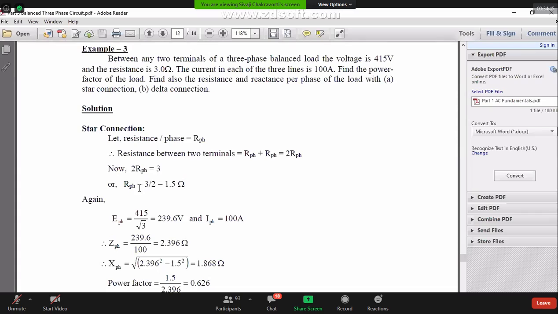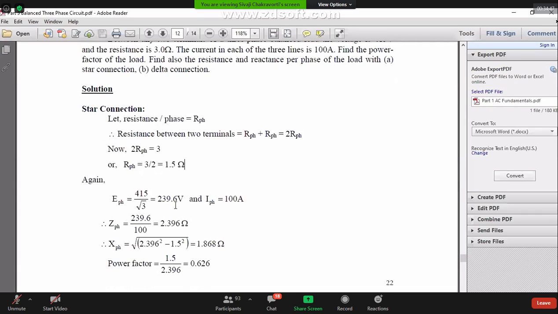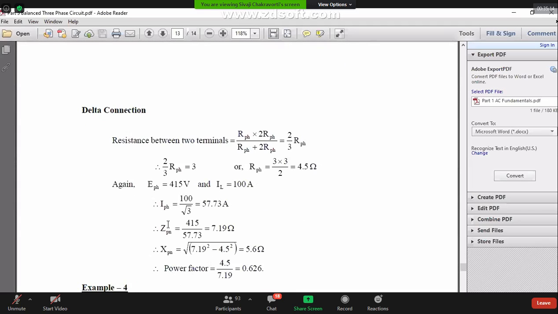With this knowledge, if you go to that problem, first take the star connection. Between any two terminals, it is 2 R phase. So it is stated that it is 3 ohm. So it is very clear that resistance per phase is 1.5 ohm. Then line voltage is 415 volt, so phase voltage is line voltage by √3. The line current is stated to be 100 ampere, so phase current is 100 ampere.